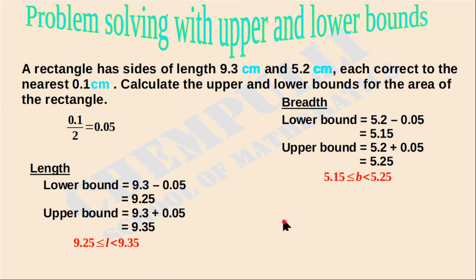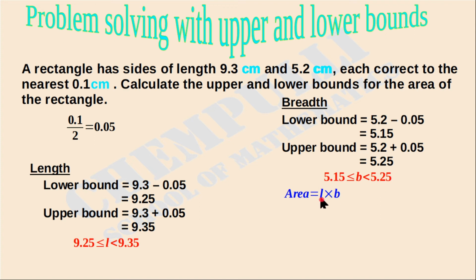What is the formula to find the area of the rectangle? We know that area is equal to L times B. To find the lower bound, we need the minimum value. For L we can use two values, 9.25 and 9.35, and for B also two values, 5.15 and 5.25.